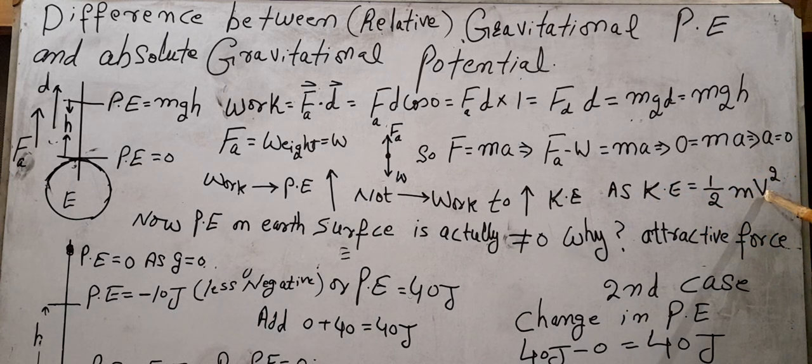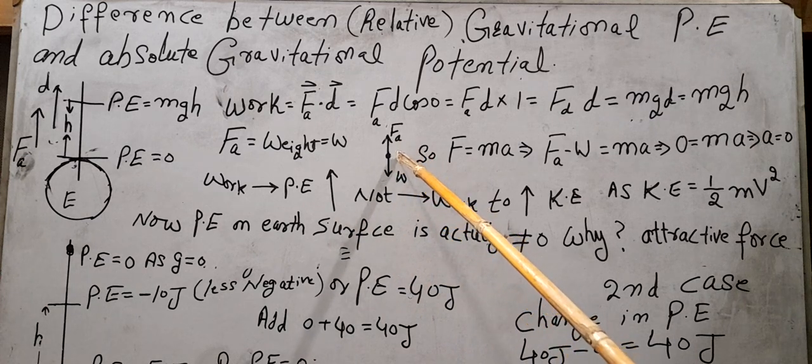If v increases, the velocity or speed of the body increases, which means its kinetic energy also increases. Therefore, to keep the speed of the body constant, the acceleration must be equal to zero. Therefore, it is a very necessary condition that in moving the body upward, our applied force must be equal to the weight of the body.